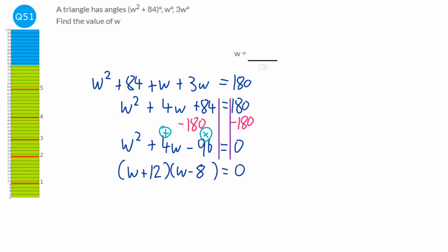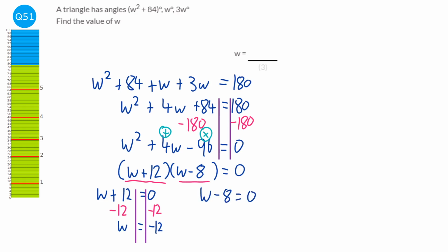That works. And to solve, we look at the left hand side first and get that equal to 0. So w plus 12 equals 0, and then solve it. Take away 12 both sides. W equals minus 12. And we get the right hand side, get that equal to 0. W minus 8 equals 0.